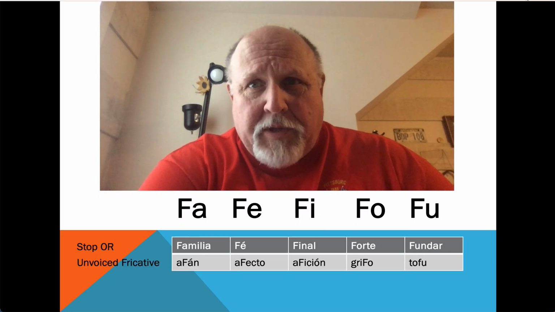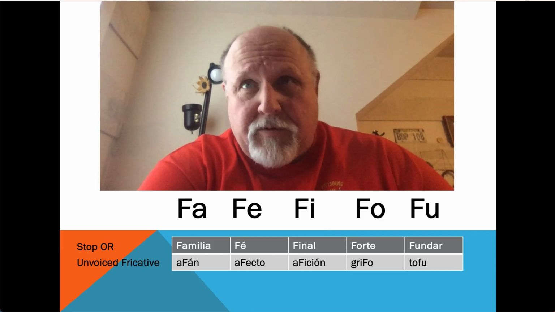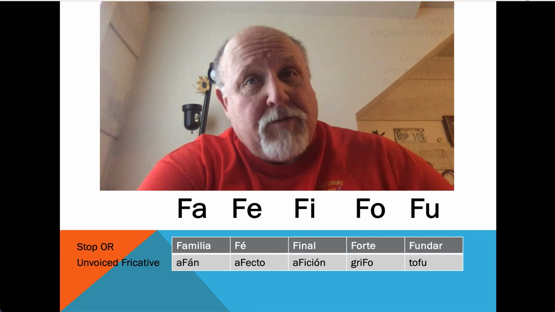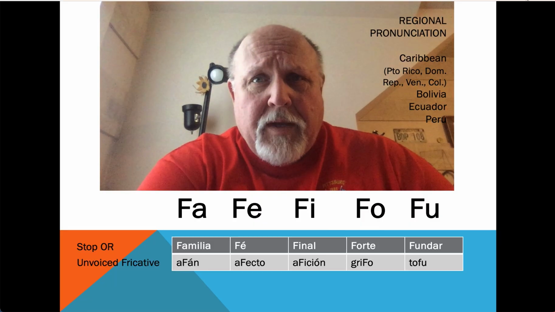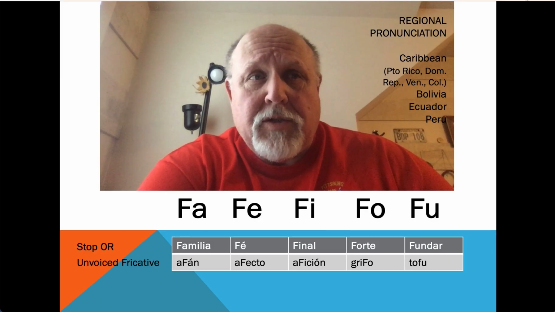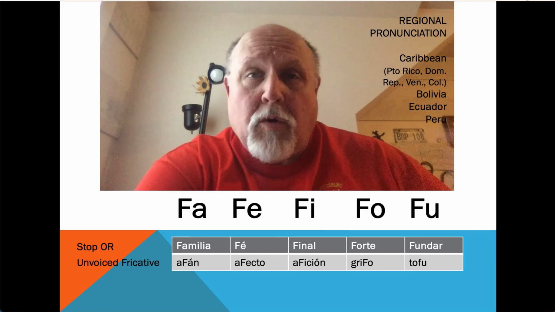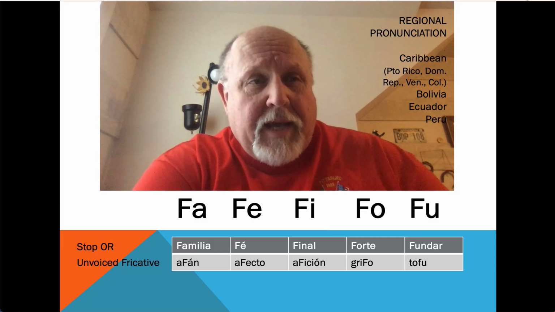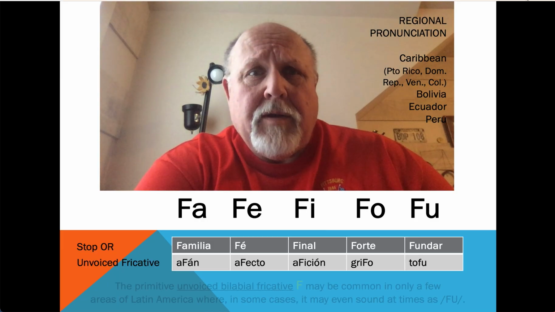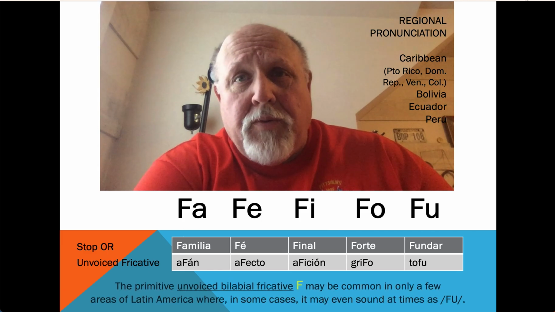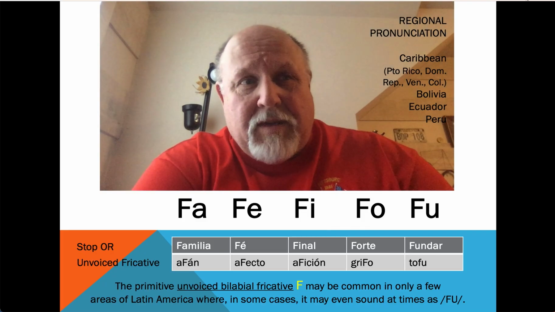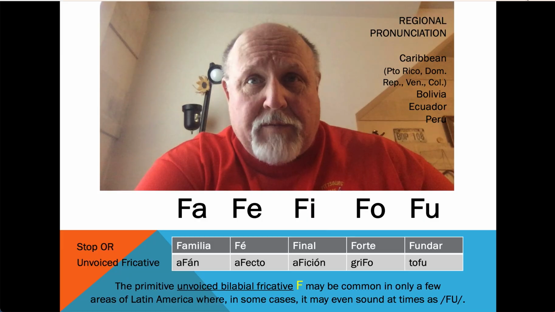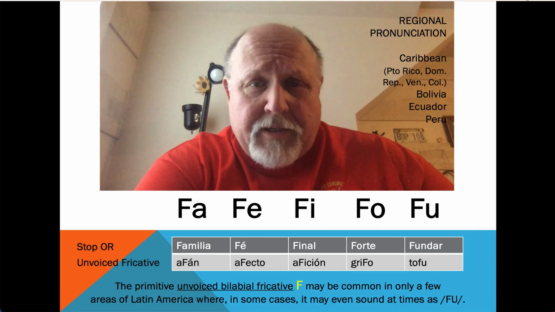But it's worth noting, particularly for those who are going to the Caribbean area, which would be the islands, as well as Colombia, Venezuela, and the Andes region, Bolivia, Ecuador, Peru, that in some cases the F, which is normally pronounced medially in the word or at the initial syllable, can be pronounced as an unvoiced bilabial fricative, meaning a puff of air, without the P. This appears to be a very early form of Spanish, spoken a long time ago, and which just carried on in these areas.